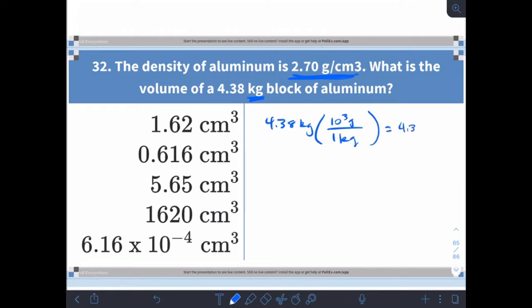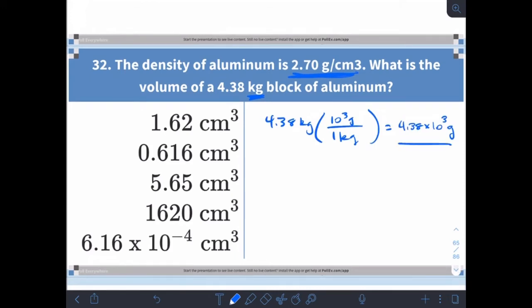So I have 4.38 times 10 to the 3 grams. So now that my given information here has the same units as my density, I can now use my density as simply a conversion factor. 4.38 times 10 to the 3 grams. I'm going to use a conversion factor that puts grams on the bottom. So cubic centimeters go on top and 2.7 grams go on the bottom.